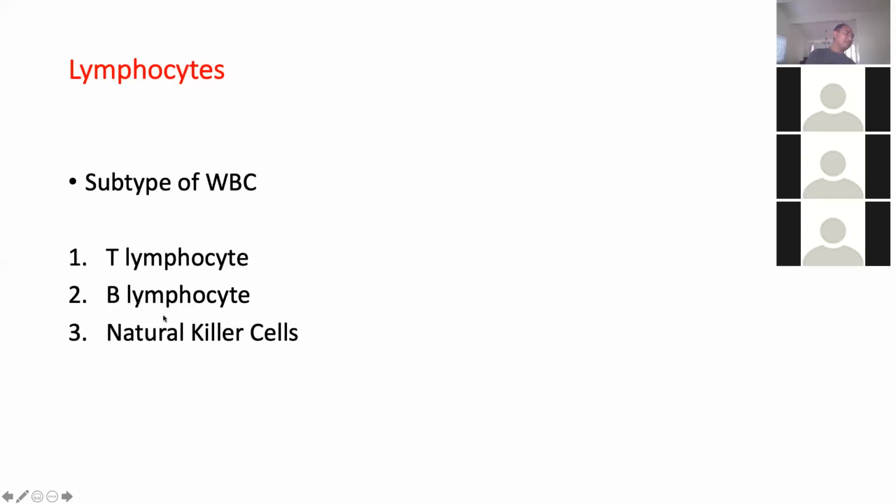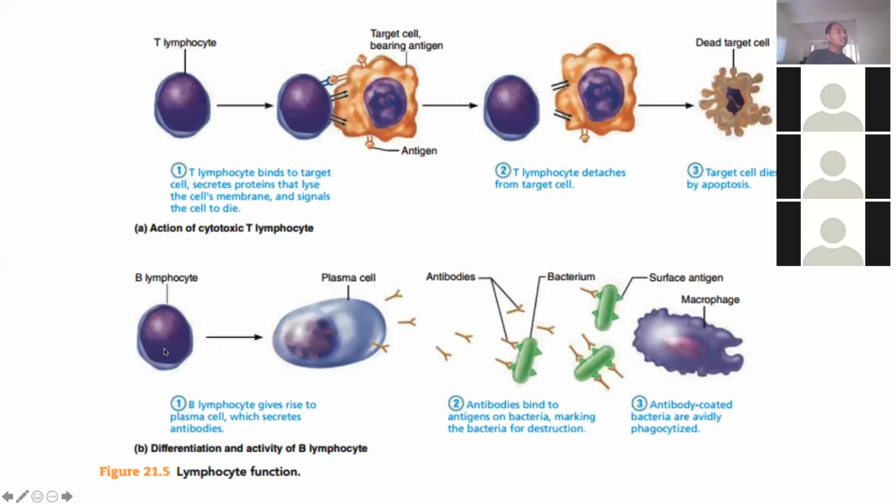Lymphocytes: three types, T, B, and natural killer cells. I believe we have seen this diagram when we were studying hematology, the blood. T lymphocyte will go and bind the invading organism or the target cell, and then stimulate it.